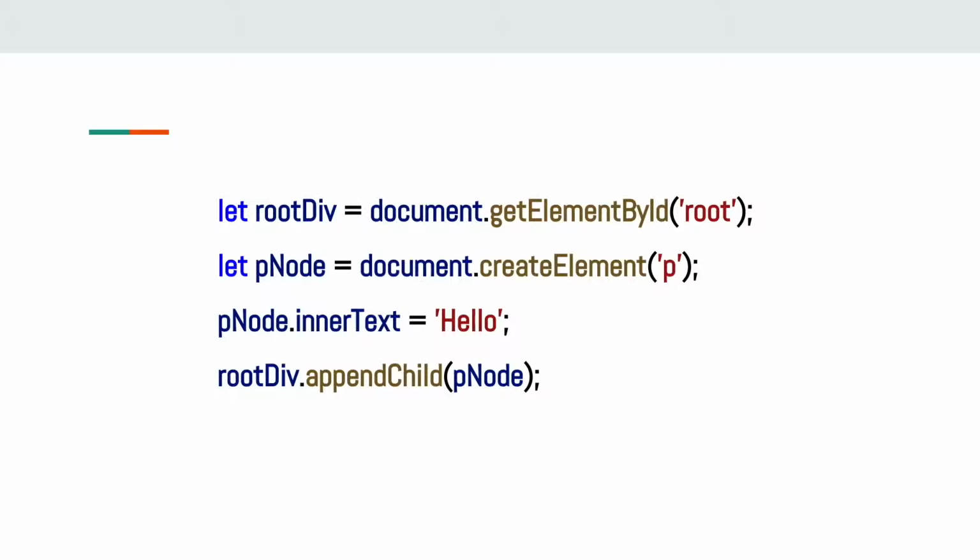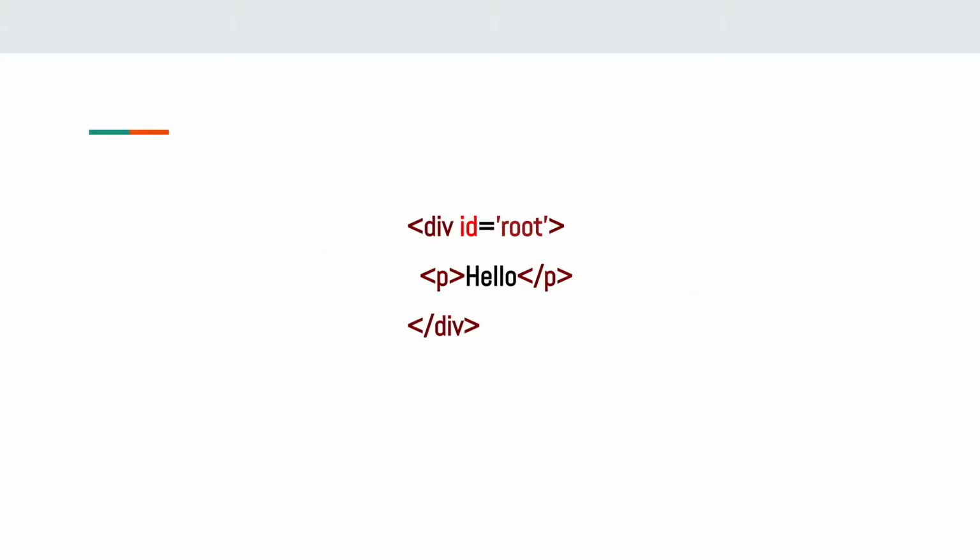First, the p node is created, then that node's inner text is set to hello, and then finally that p node is appended as a child to the root div. Now at this point, React is effectively working as syntactic sugar around the core DOM API. You might as well have written all this DOM code yourself. But all the same, the result is an HTML document where at the root div, there's now a paragraph element with the text hello.